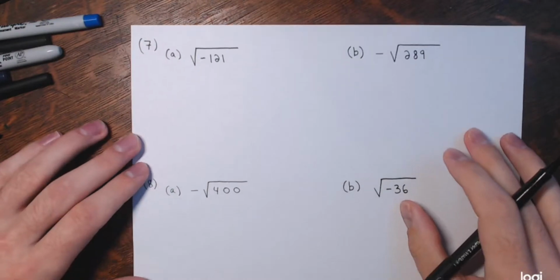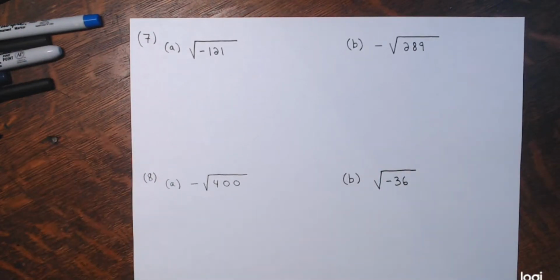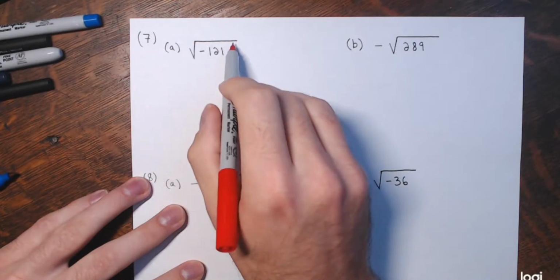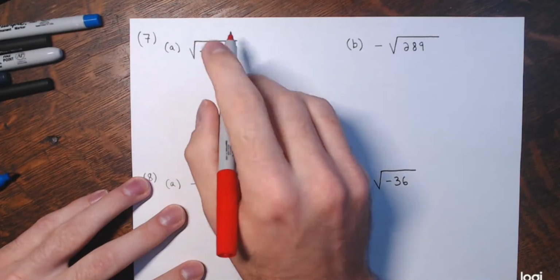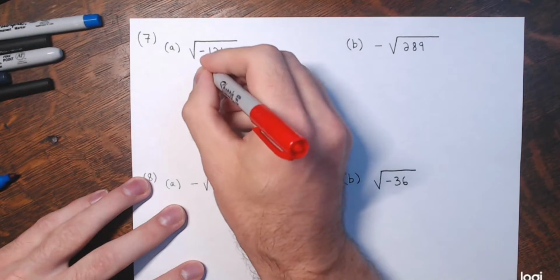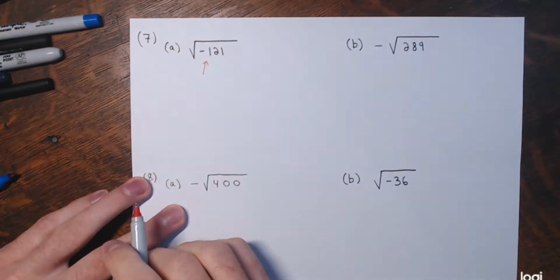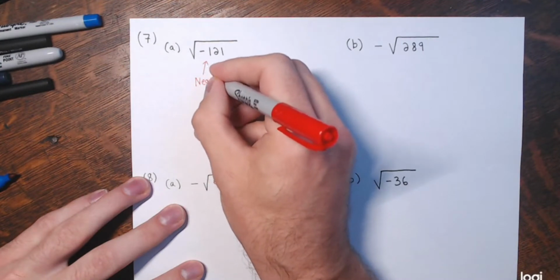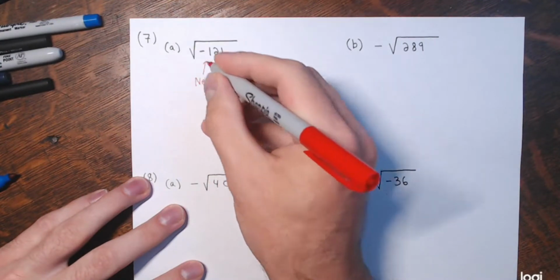Example 7. Here we go. Part A, got an even root. They want the positive square root, but right, negative radicand. There is a negative number under my even root.